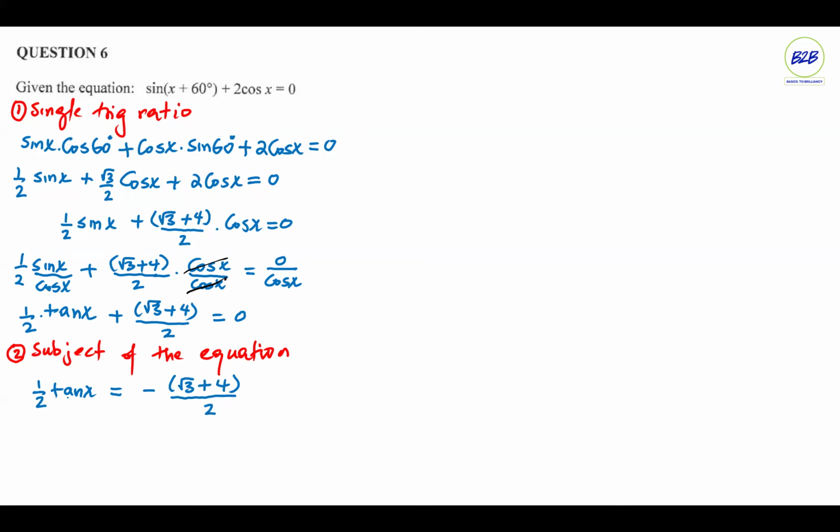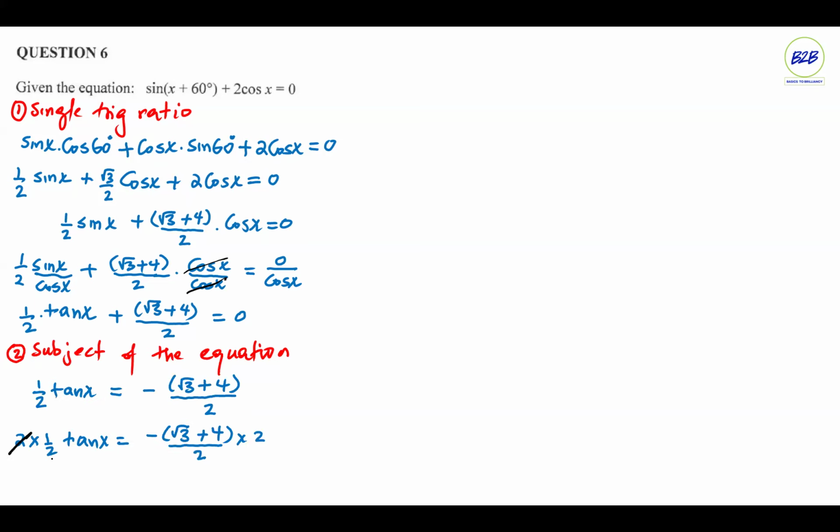Tan is still not a subject of the equation. We must then remove this 1 over 2, or that 2 as a denominator. How? By multiplying on both sides of this equation by 2. If we multiply by 2, here we're going to get 2 times half tan, and then say negative root 3 plus 4 all over 2, multiply that by 2.